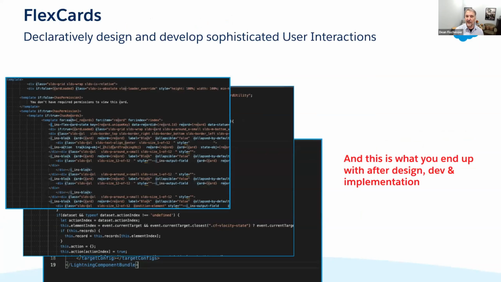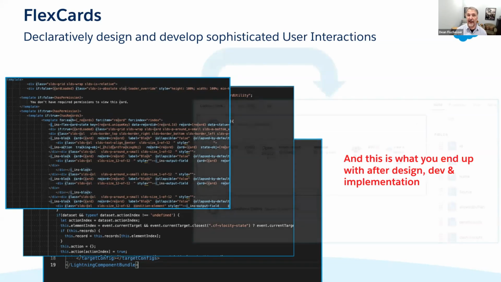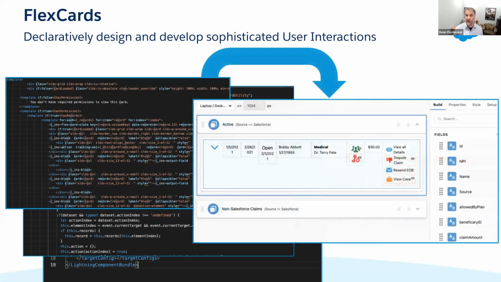So, technical debt that we need to maintain going forward, something that we probably have to put some good comments in so that somebody can come back to it and understand what we did or what we meant to do, versus a UI experience that allows you to design this in a more what-you-see-is-what-you-get fashion.